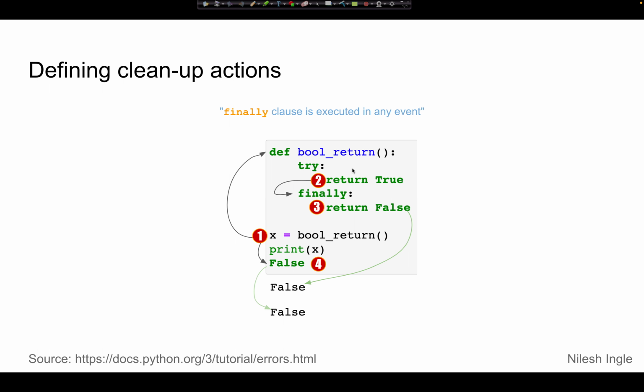If we call this function boolean return, the try block gets run first, but after that the finally block is run, and so what we see in the output is the value returned by the finally clause and not the try clause. So we see that false, and after that the remaining code is run, and the remainder of the code has the false here, so we see that second false printed in the output.